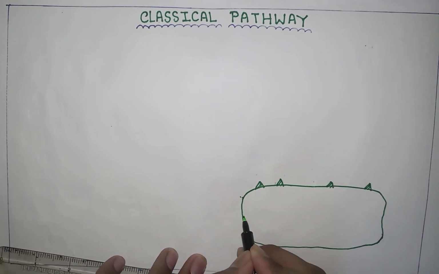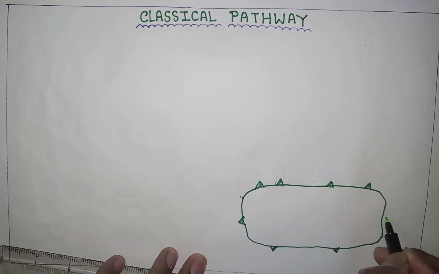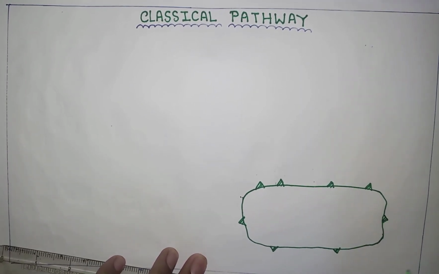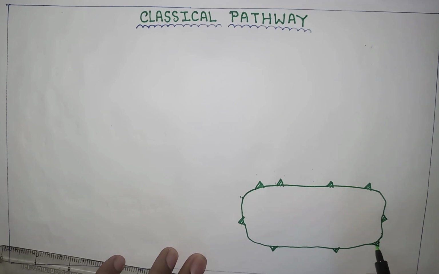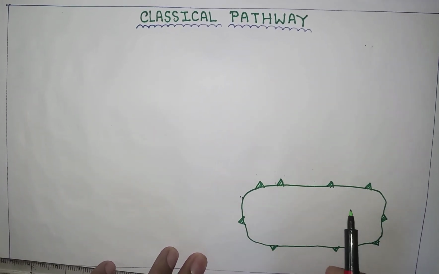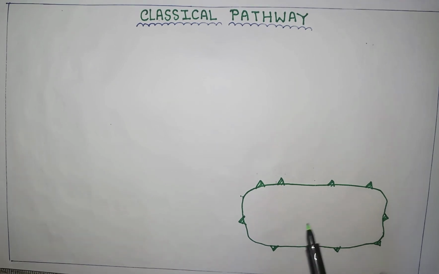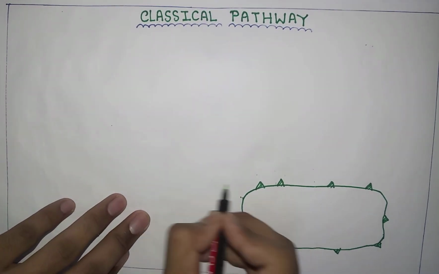That means epitopes bind with antibody and elicit immune actions, that means humoral immune action. So these are the epitopes present on the bacterial cell wall, which act as antigenic determinants.